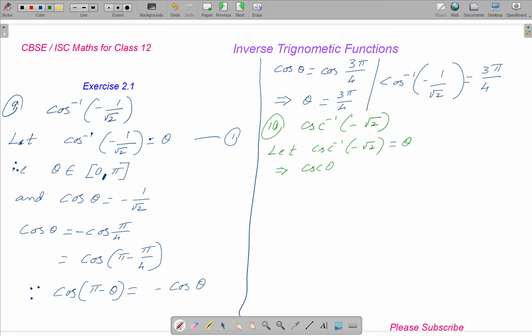That implies cosec theta is equal to minus root 2. Here, according to principal value, theta is an element of minus pi by 2 to pi by 2 excluding 0.